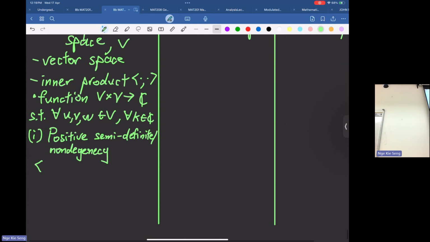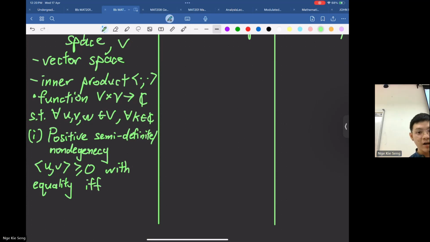If you take any vector and input it into your inner product, the number should be greater than or equal to 0, similar to what we have in metric space, with equality to 0 if and only if, sorry, what am I writing here?